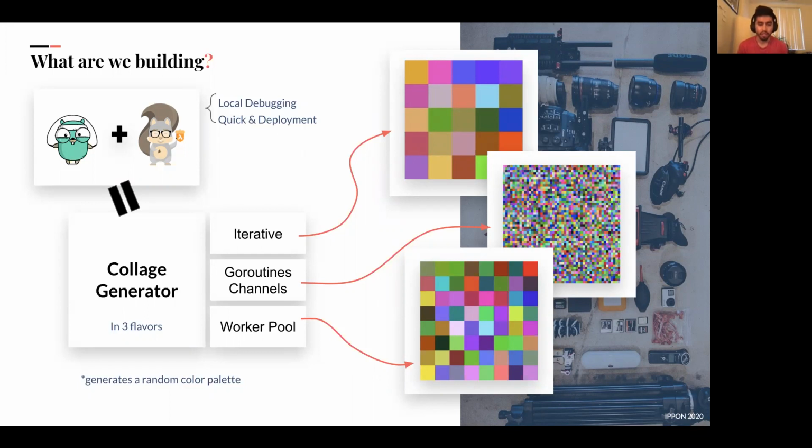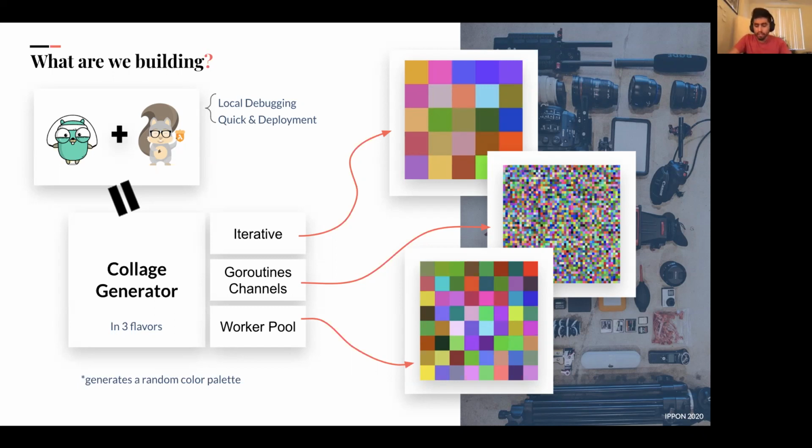We can have a simple iterative approach, nothing fancy, just pretty basic Go code. And then we're going to start introducing some Go routines and channels and flesh that out. And then we're going to move into a worker pool.